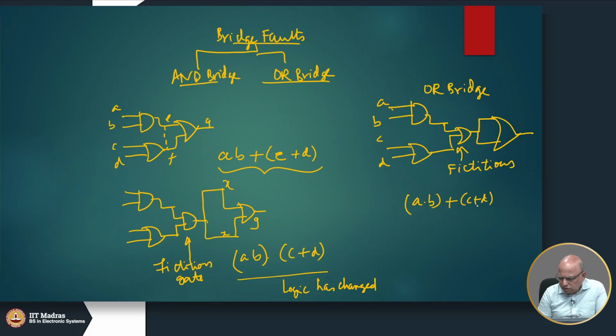And in this example, the bridge fault really did not result in a different logic. So, the faulty circuit and the good circuit unfortunately behave the same way. In this particular example, the OR bridge cannot really be detected, because there is no difference between the good circuit and the faulty circuit. Okay. All right.